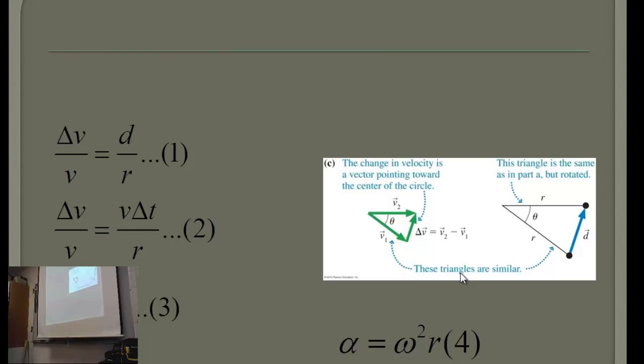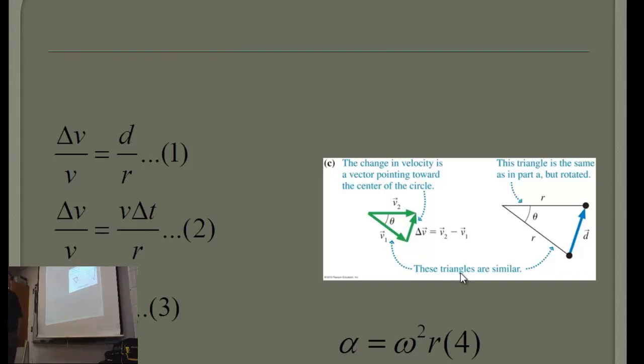If I play around a little bit, I don't like displacement. Displacement's ugly. But what's another way I can describe displacement? Velocity times time, specifically velocity times a change in time. So I replace my displacement with how far I went and how long I had.